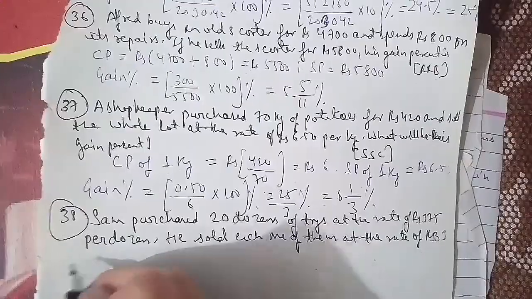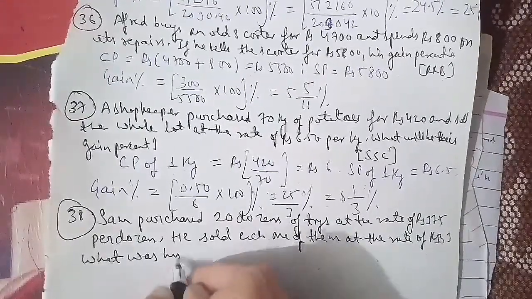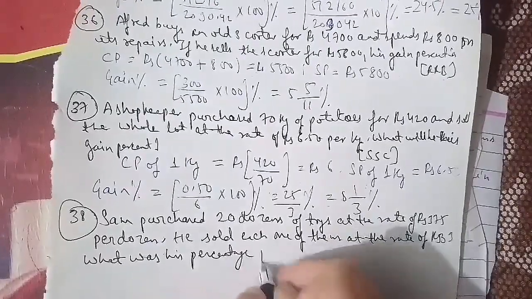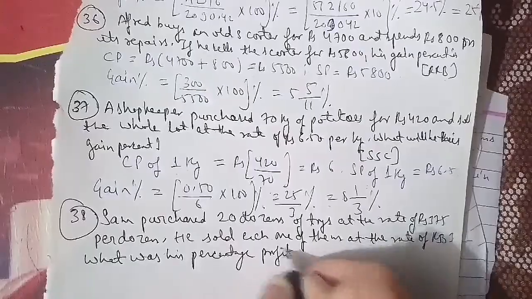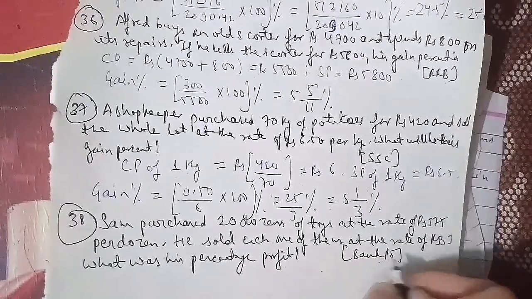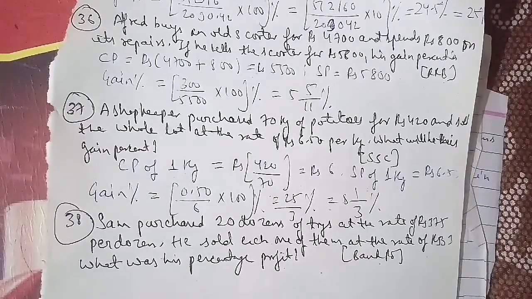What was his percentage profit? That has been asked in bank PO question paper. The options are 3.5, 4.5, 5.6, 6.5, and none of these. So we go ahead for the same.